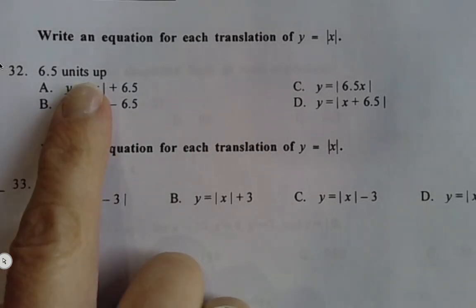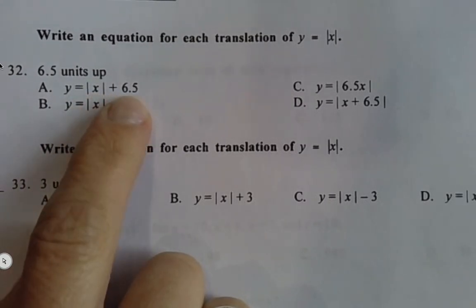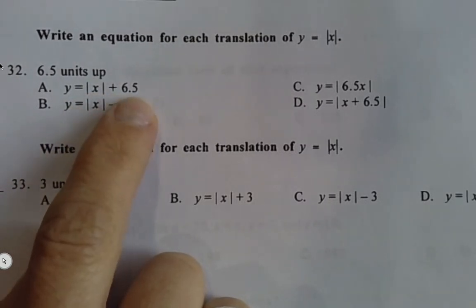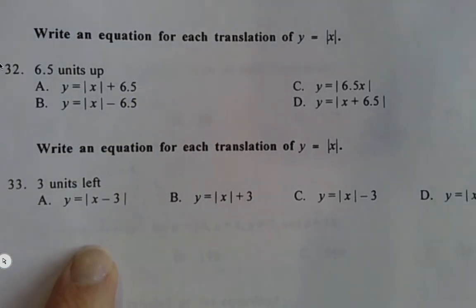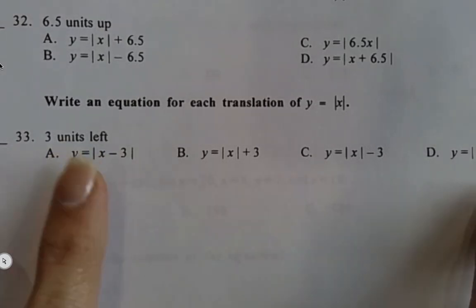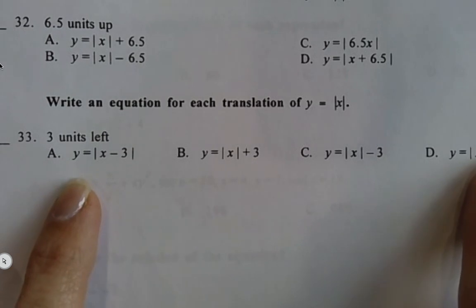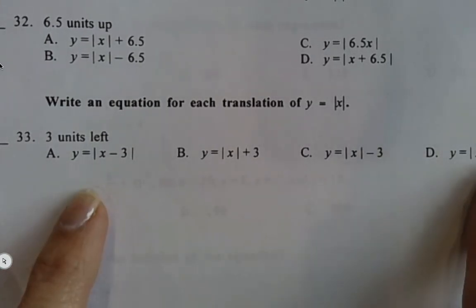Yeah, it's A. Remember, to move it up or down, it's the number out here, and it's exactly what you would think. Plus is going to move it up. Now on this one, it says 3 units to the left. Since you're moving left or right, it goes inside, and it's backwards from what you think. So if you're going to the left, it's going to be x plus 3.